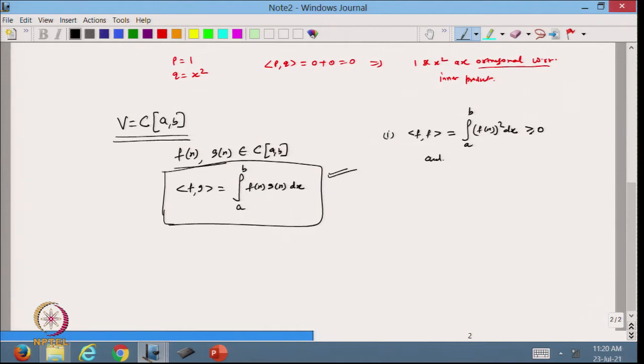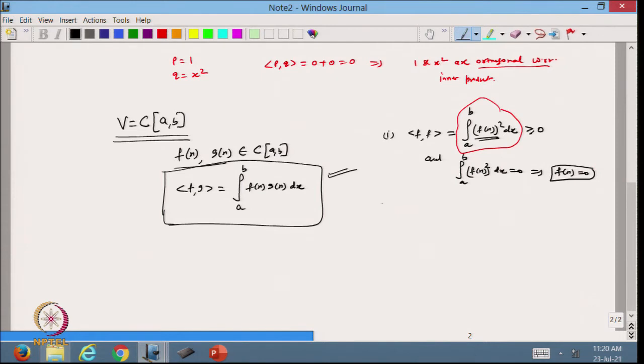If this integral is 0, that implies that my function f(x) should be equal to 0, because it is the area under the function f(x) square. Area is always greater than or equal to 0, and if this area is 0, then only can I say that the function itself is 0.